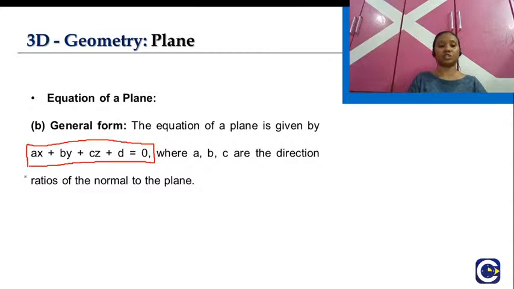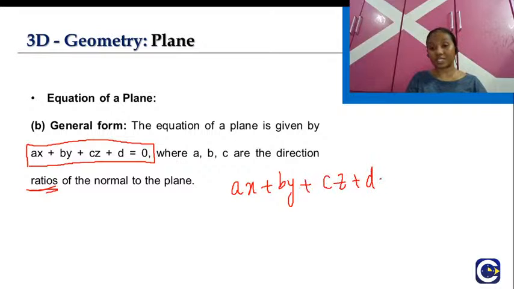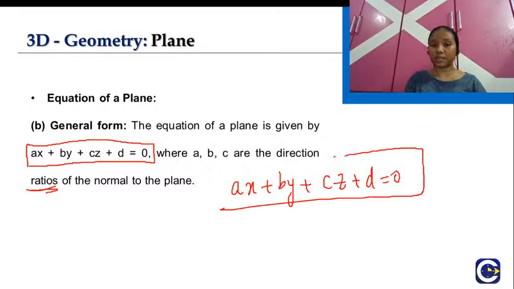Sorry, direction ratios. So if I have direction ratios, the equation of the plane will be ax plus by plus cz plus d equal to 0. This will be my equation of the plane. It is the general form, with respect to my direction ratios of the normal to the plane.